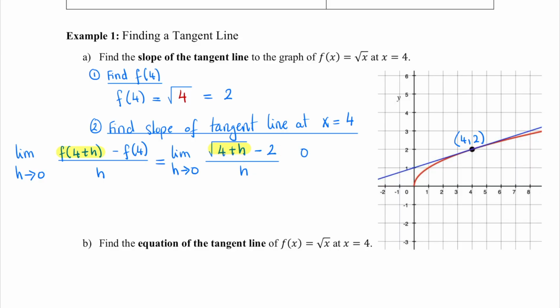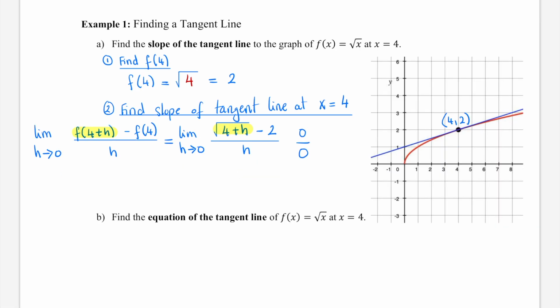If I plug in h equals 0 here, I have 0 in the denominator, which is 0 over 0. This is an indeterminate form, so we cannot evaluate the limit directly. We need to use algebra to simplify the expression.